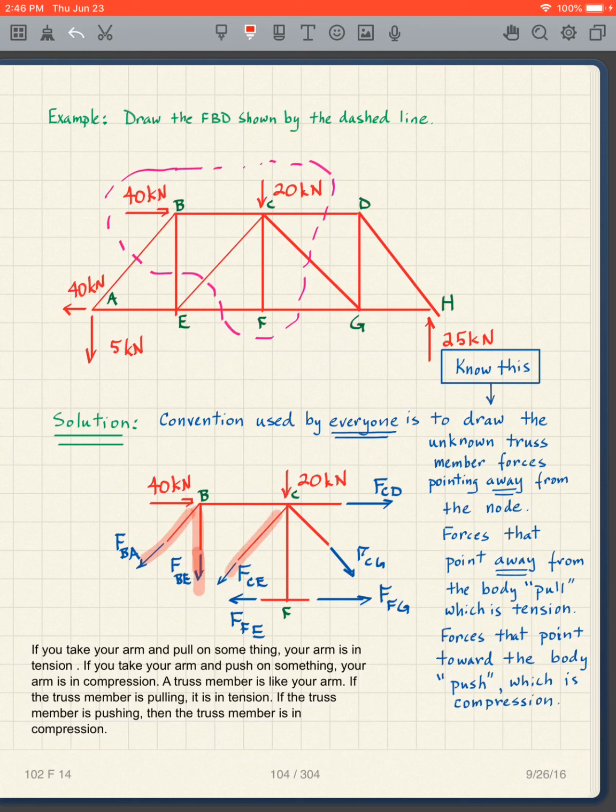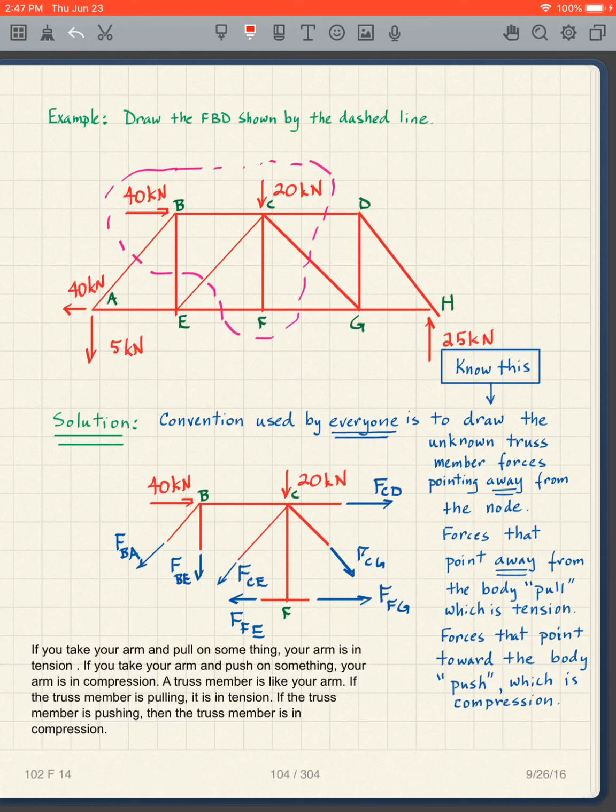Why does that force have to go parallel, or along the line of the member? Well, it's got to go along that line because a truss member only takes tension or compression. So tension or compression is along the line of that member. Like we said, if it's a hinge, we put an X and a Y force. If it's a roller, we put a Y force.